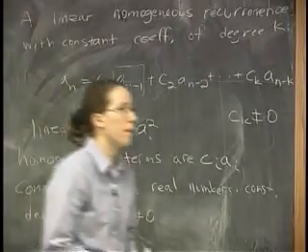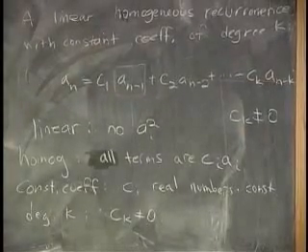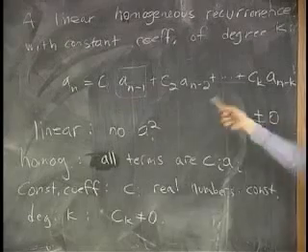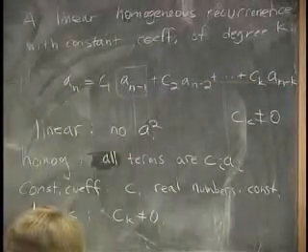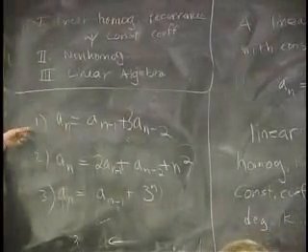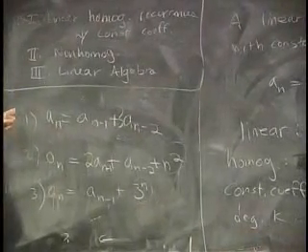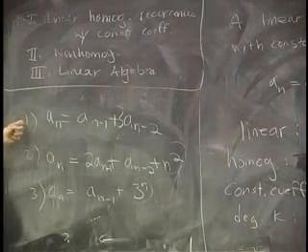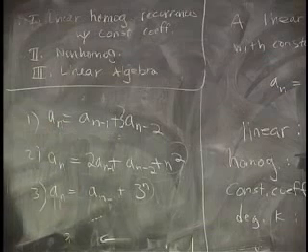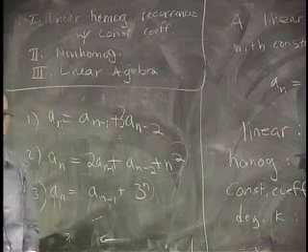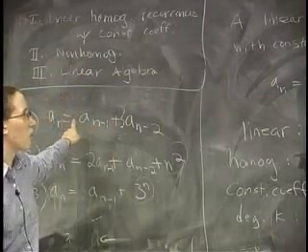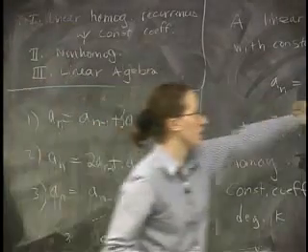Rob? But the c1, c2, ck, they can be different from each other. Yes, exactly. The ci's don't have to equal each other. For example, I can put a 3 here. And then this first example is a linear homogeneous recurrence equation with constant coefficients of degree 2, because I go down 2 steps. You step down each one by n, although some of these constants may be 0.